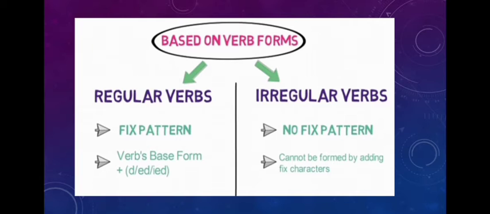Unlike regular verbs, where we add d, ed, or ied, irregular verbs cannot be formed by adding fixed characters, which means you have to learn and memorize them. There is no formula to learn these irregular verbs. The only thing is that you have to memorize or learn them by heart.